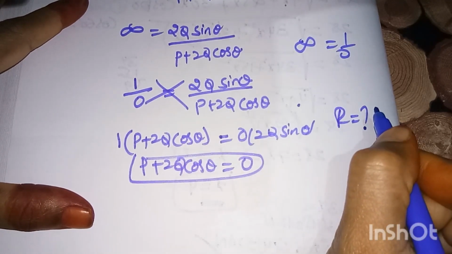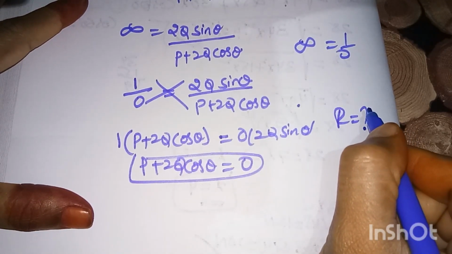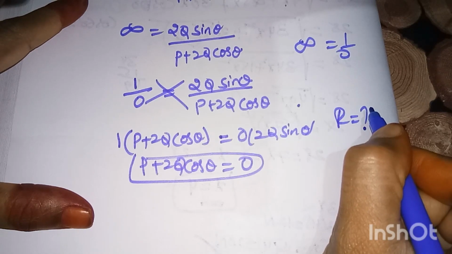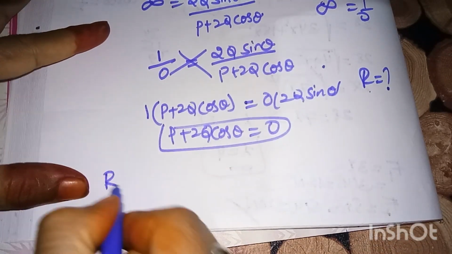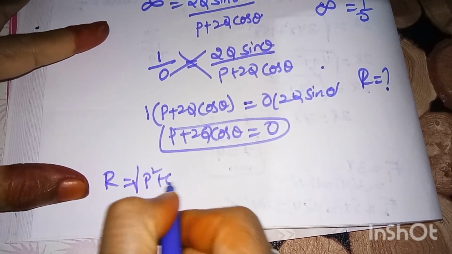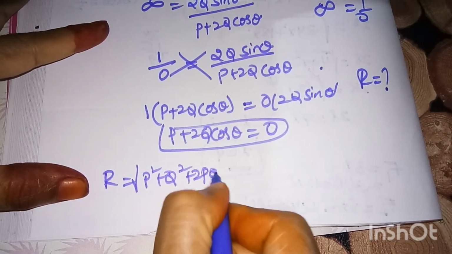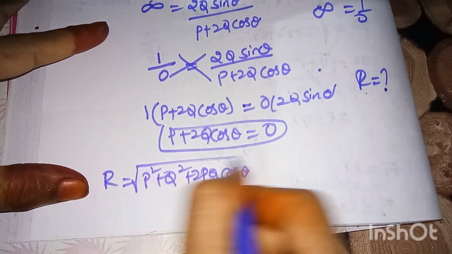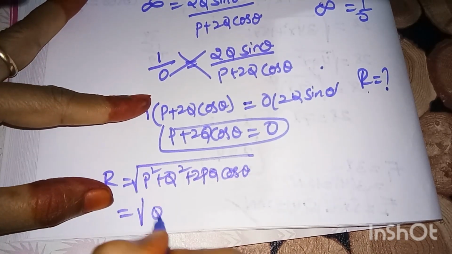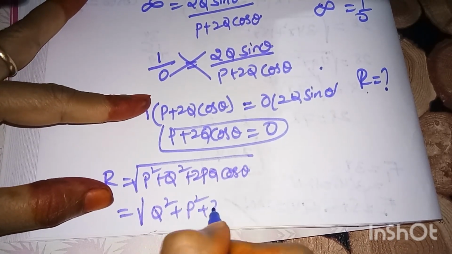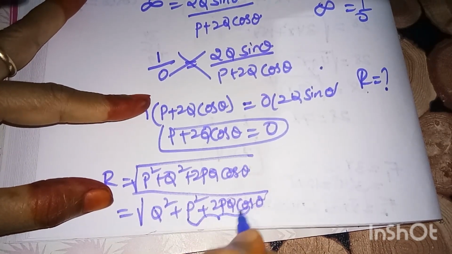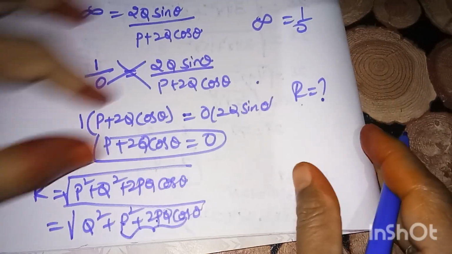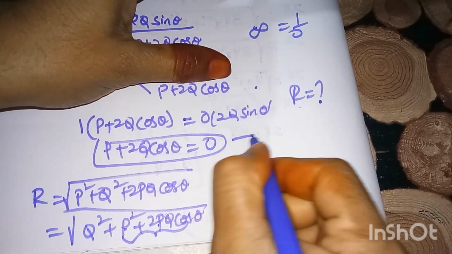When the magnitude of q bar is doubled and r is perpendicular to p bar, we find r. So r equals under root p square plus q square plus 2pq cos theta. This can be written as q square plus p square plus 2pq cos theta. From these two terms we can take p common. Consider this as equation 1.